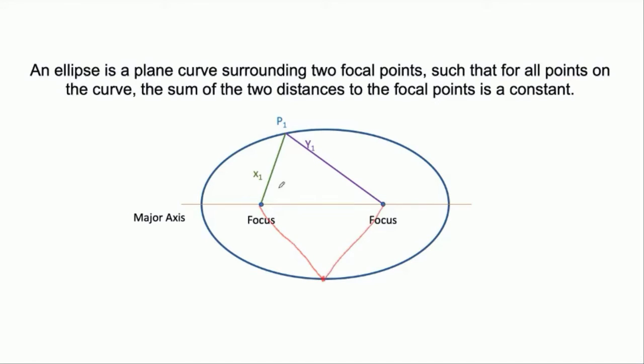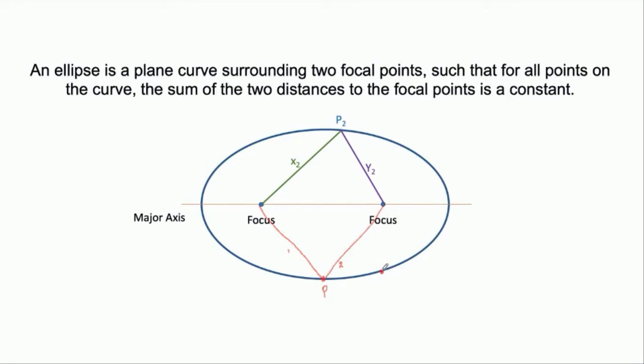So this is P1, point 1. Now I'm going to draw one more line of length x2 and y2. Then we have P2. Again I'm going to move this point to this location. So this is 1, this is 2.